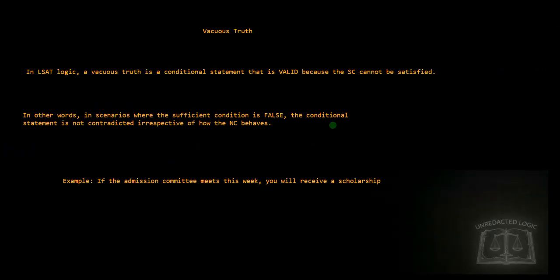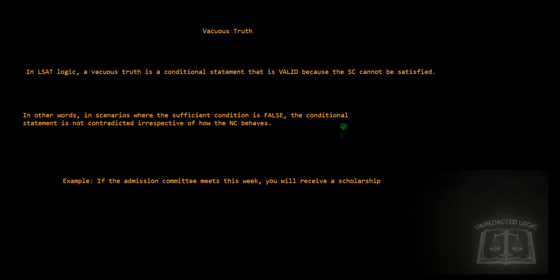Next, let's talk about the concept of vacuous truth. In logic, a vacuous truth is a conditional statement that is valid because the sufficient condition is not satisfied. In other words, in scenarios where the sufficient condition is false, the conditional statement is not contradicted irrespective of how the necessary condition behaves. Let's look at the same example that we had on the last slide.